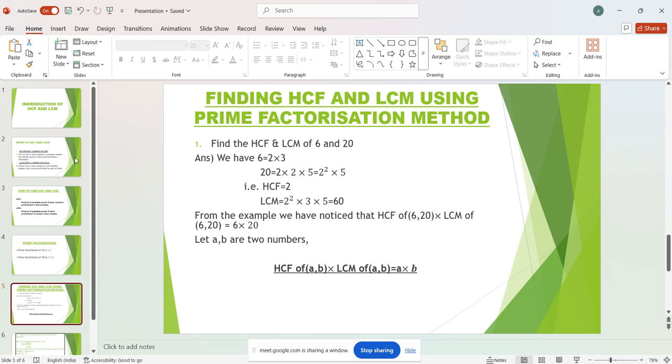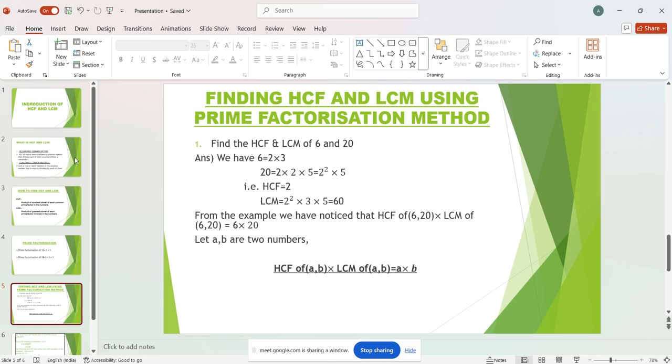Multiply them: 60 into 2 is 120. The two numbers are 6 and 20, and their product is 6 into 20, which is 120. The product of the HCF and LCM is also 120. So from the above example, HCF of 6 and 20 into LCM of 6 and 20 equals 6 into 20.